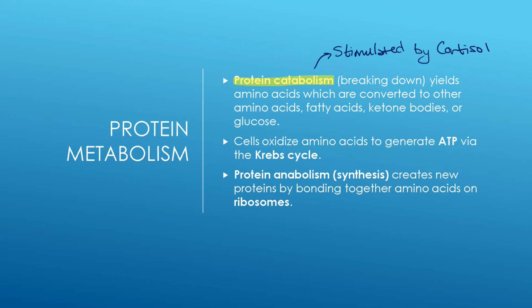And hepatocytes will convert some amino acids into fatty acids, ketone bodies, or even glucose. Now, cells throughout the body will oxidize a small amount of amino acids to generate ATP via the Krebs cycle and the electron transport chain.